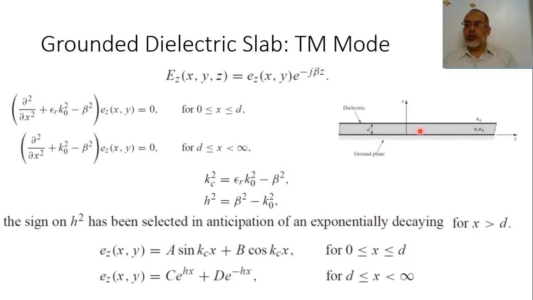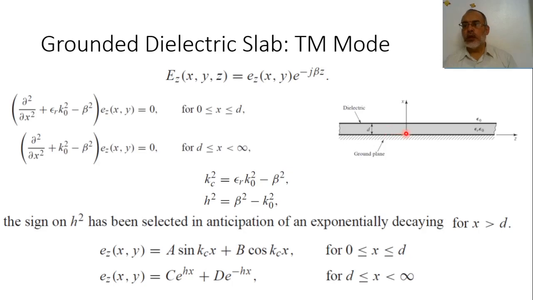The function of z is the propagation function, e to the power minus j beta z. The remaining part is the modal function, small ez, as a function of x and y.